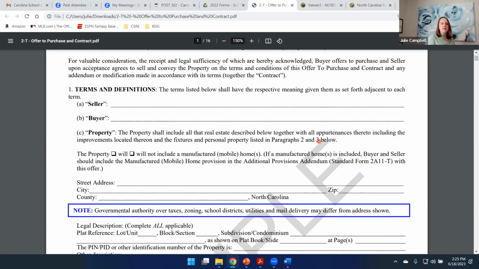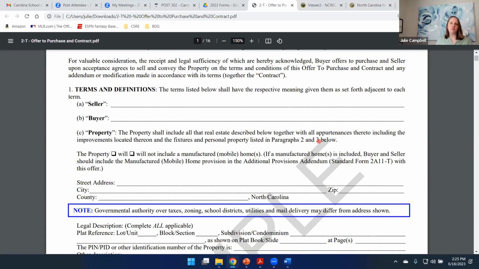When we are filling in the names of the buyers and sellers, I need full legal names of all the parties. All the sellers that have to sign that deed to convey it and their spouses. All buyers that are going to be on the deed that are going to purchase it.